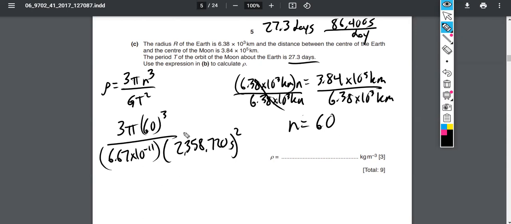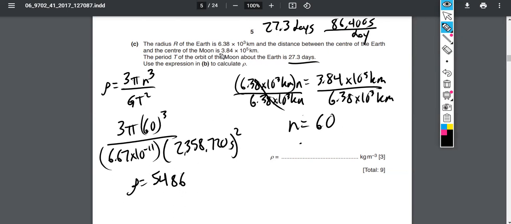I got to start over. 3 times pi times 60 times 60 times 60 divided by, open parentheses, 6.67 times 10 raised to the negative 11 divided by 2358720 squared, equals, I get a final density of 5,485.8.